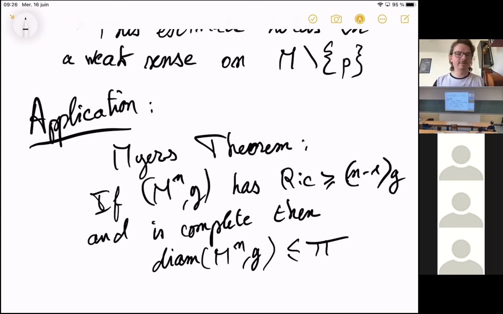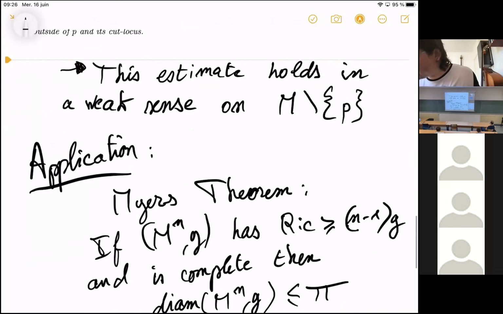So this might be one of the easiest comparison geometry theorems. If I'm more curved than the sphere, then my diameter is less than the diameter of the sphere.